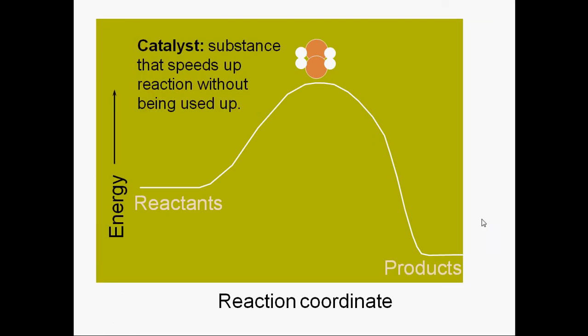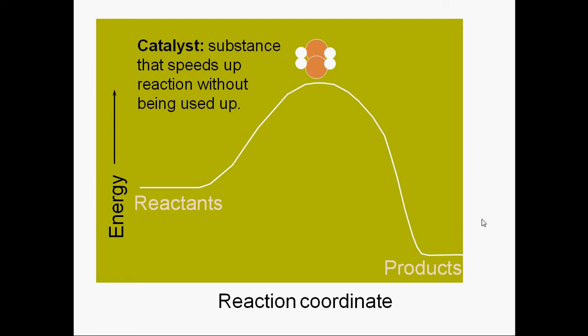Now what a catalyst does is it's a substance that speeds up the reaction without actually reacting with our reactants. It basically just serves as a go-between or a matchmaker, you could think of it. It's just something that facilitates our two reactants colliding with each other without actually getting involved in that mess itself.